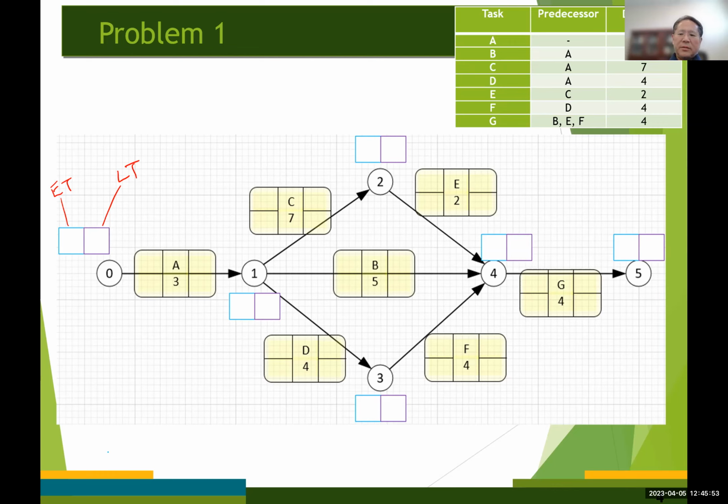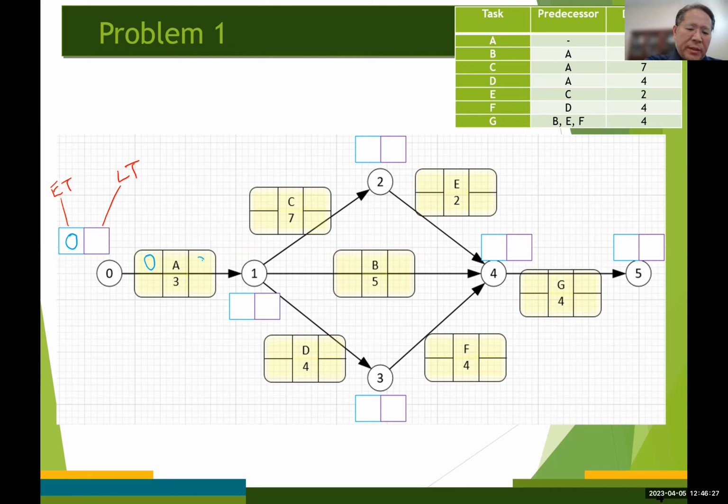Starting at time t equals 0, the earliest time for the start node becomes 0, right? So we have 0 down here. So automatically the early start time for activity A is gonna be 0, and the early finish time for activity A is going to be 0 plus its duration, which is 3.